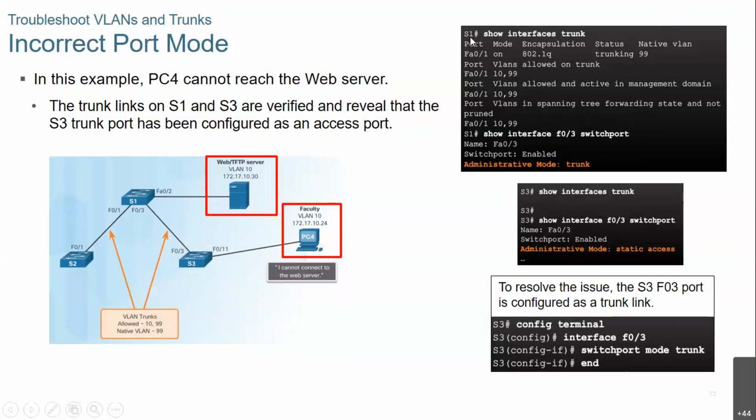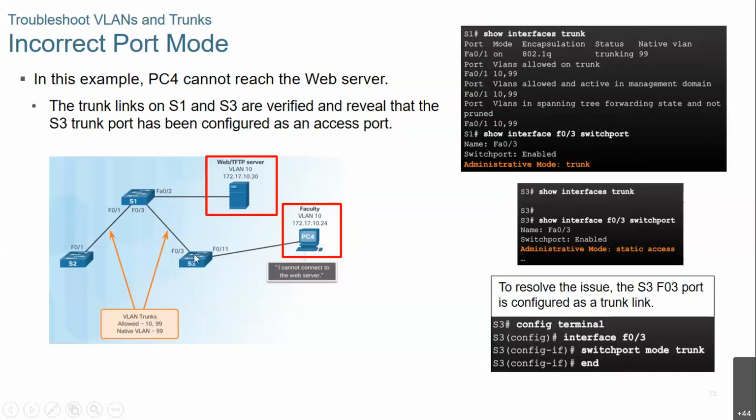Here in S1, you say show interfaces trunk. It says Fa0/1 is a trunk, the native VLAN there is 99, and the allowed VLANs are 10 and 99, and then interface FastEthernet 0/3 is a trunk. Okay, good. So we know that this is a trunk and this is a trunk.